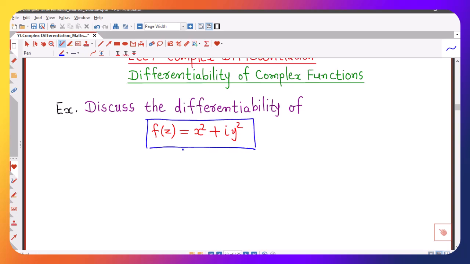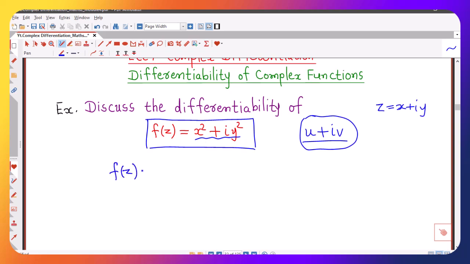So here I am going to consider this function and I will check at which points in the complex plane this function is differentiable. You can see here the right hand side is already in the form u plus iv. In earlier problems, we were not given our function directly in this form. Therefore, we converted by taking z equal to x plus iy in the formula of the given function. But here we are already given our f of z in this form.